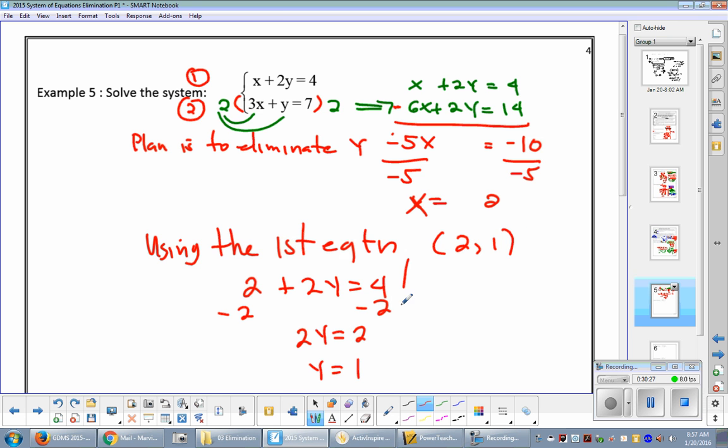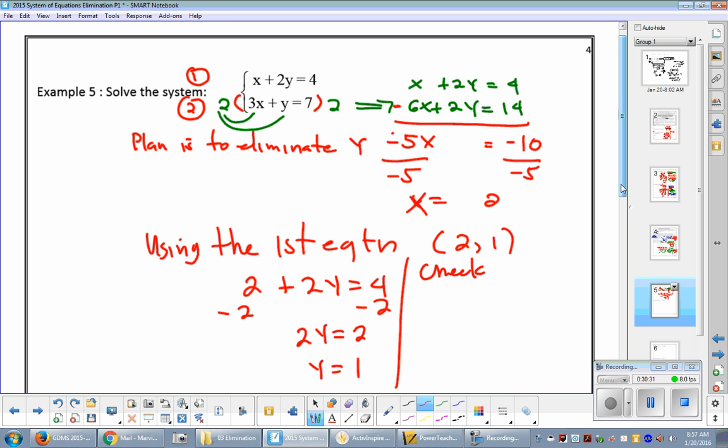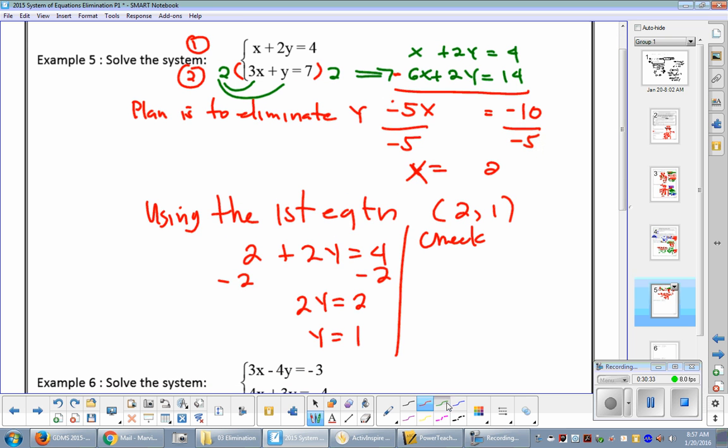And of course, don't forget to check your answer. So when you check your answer, x is 2, my y is equal to 1. So I plug in my solution to my first equation. So 2 plus 2 is actually 4. So my solution will work for the first equation.